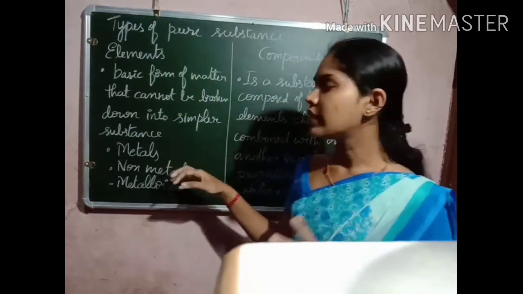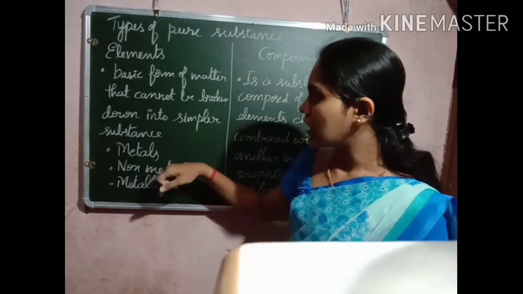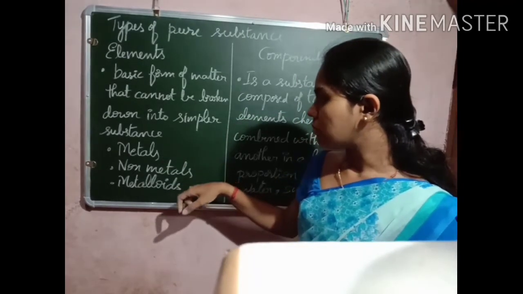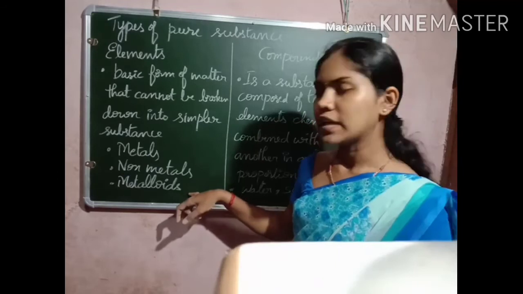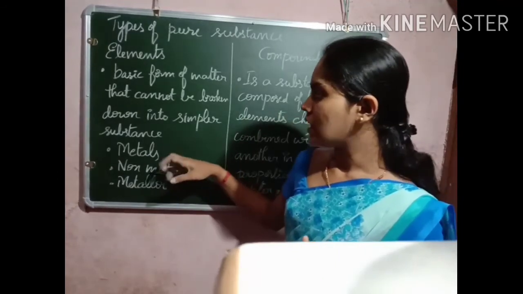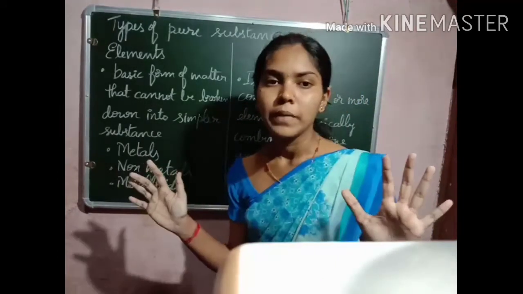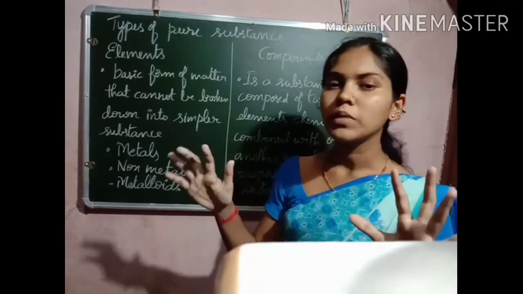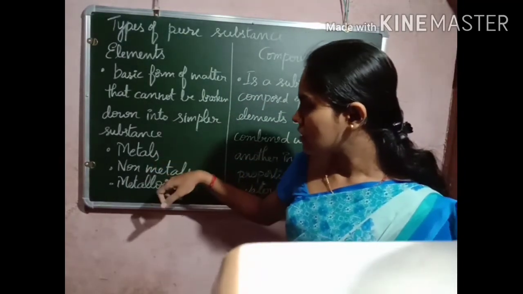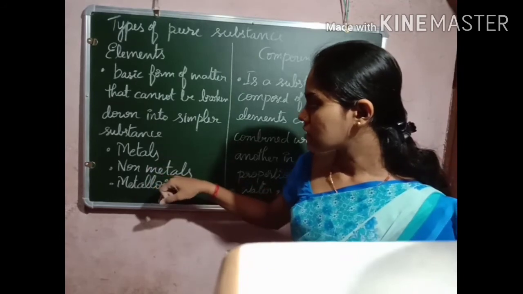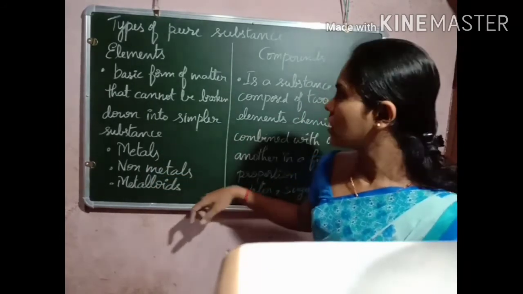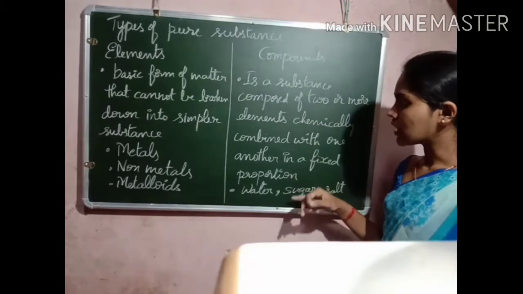Elements can be classified into three types. Which are they? One is metals, another is non-metals, and the third is metalloids. Three types of elements, which you can see in the chemical periodic table. The next, what are compounds?